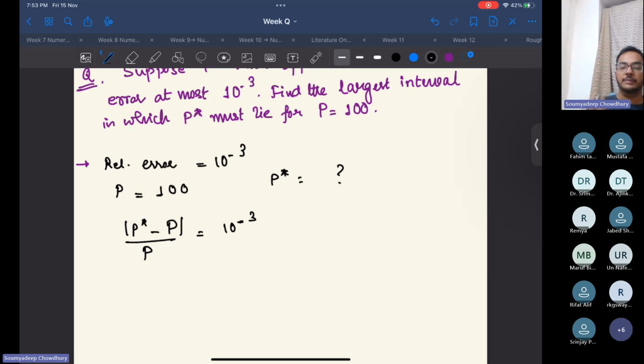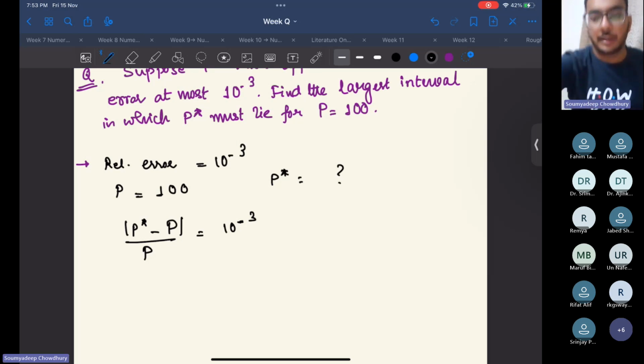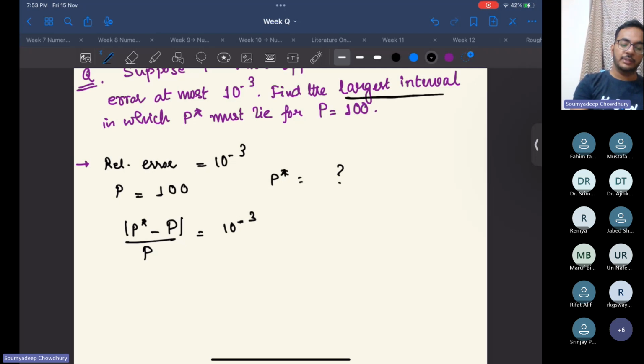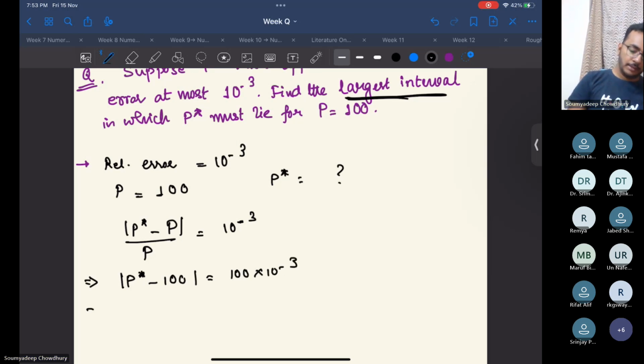Both we are taking here. So that gives me the range for P. In the question it is asked to find the largest interval, right? So modulus of P star minus 100 equals to P, which is 100, into 10 power minus 3. So modulus of P star minus 100 equals to 0.1.